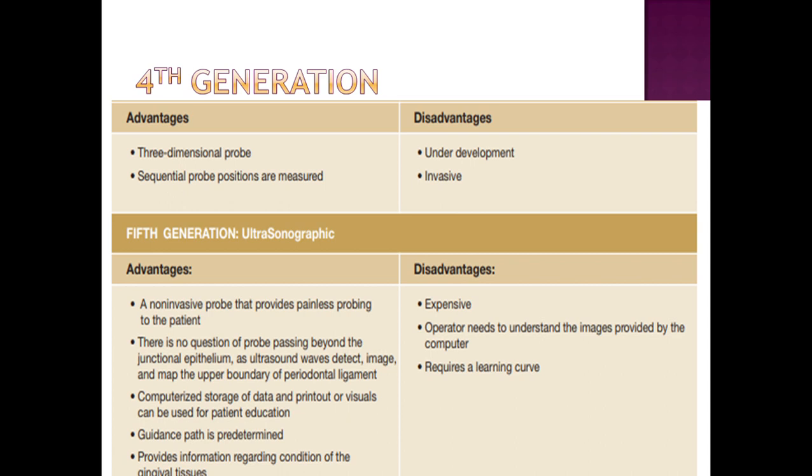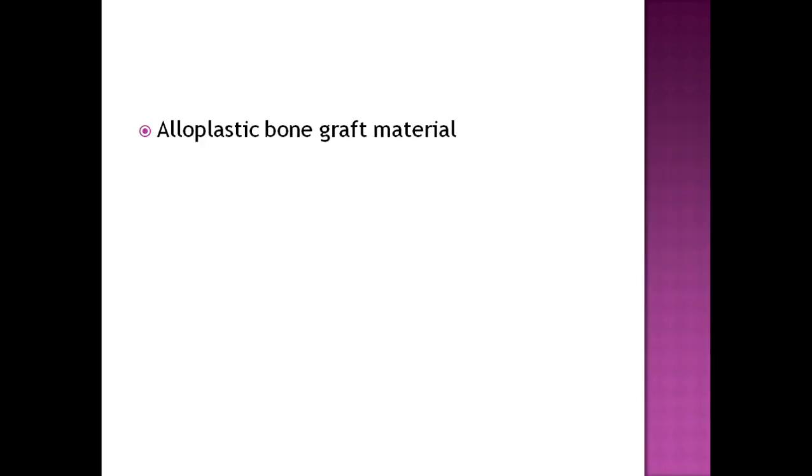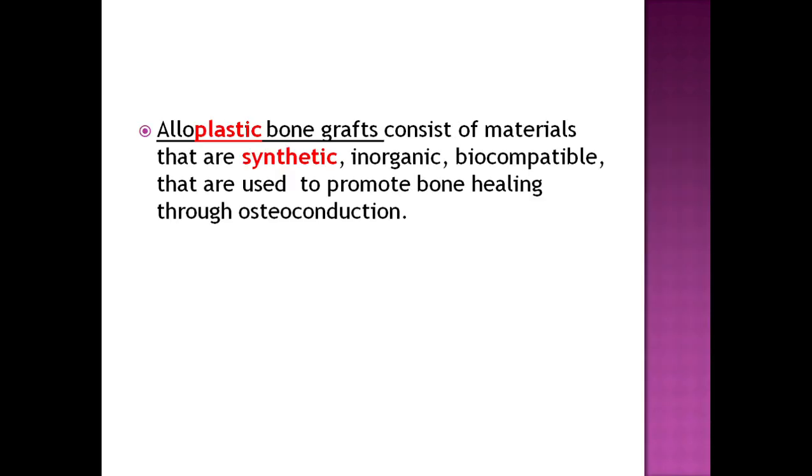Guidance path is predetermined. Provides information regarding condition of gingival tissues. Disadvantages, it is very expensive. Operator needs to understand the image provided by the computer. Moreover, it requires learning.